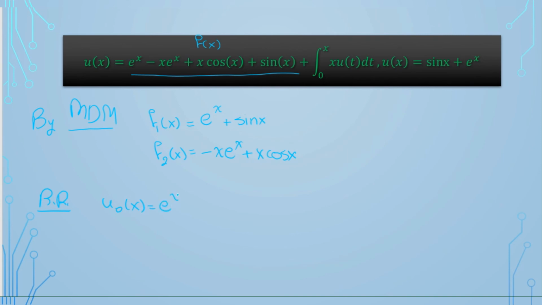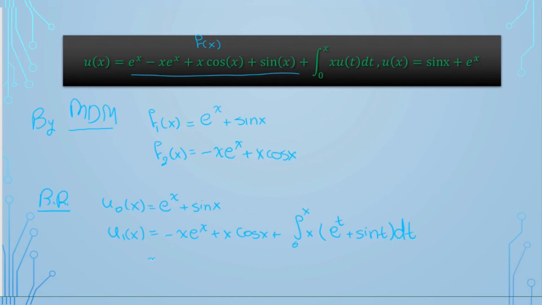So it's going to be equal to e raised to x plus sine x. u1 of x is equal to f2 of x plus the integration from 0 to x multiplied by e raised to t plus sine t dt, which is the u naught of t.